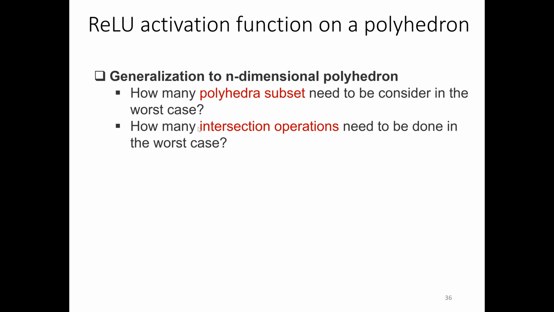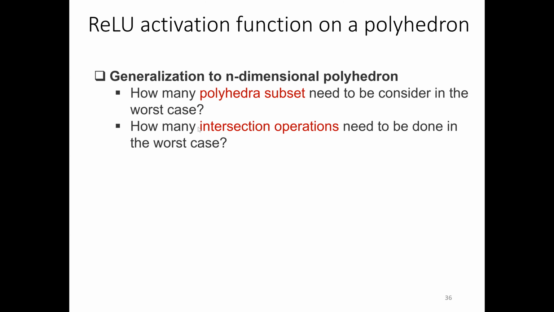The reason we care about this is that finally we're going to come up with the scalability issue, okay? The intersection operation in a polyhedron is a very expensive operation. You can see we just play with some toy network, with a very small number of neurons and a small number of layers, and the polyhedron approach works for that.